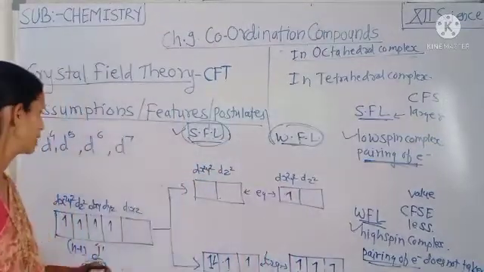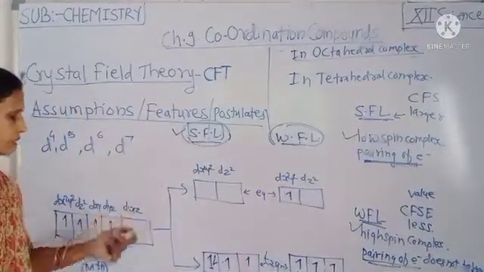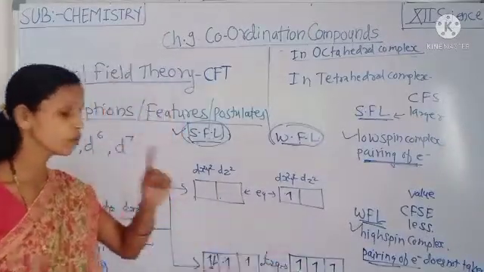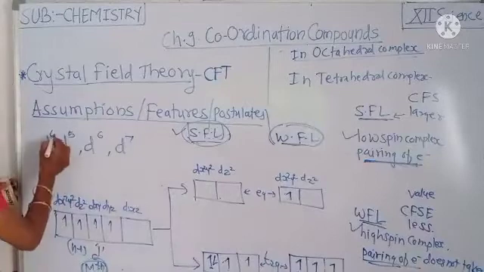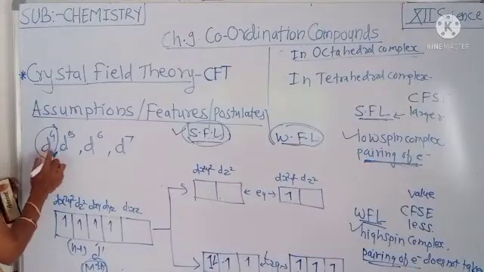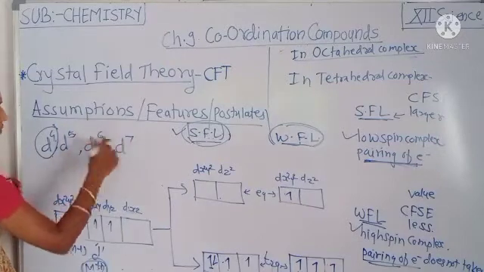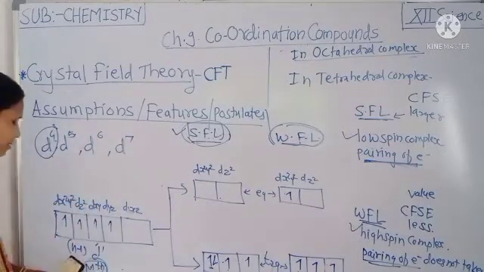That means we can distinguish the nature of the complex, low spin or high spin, only if the d configuration of the metal ion is D4, D5, D6 or D7.